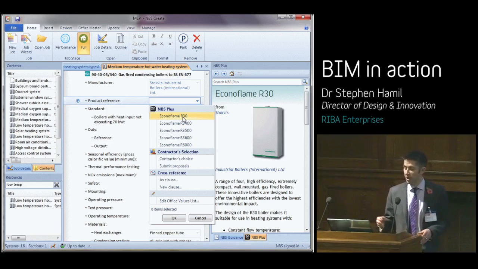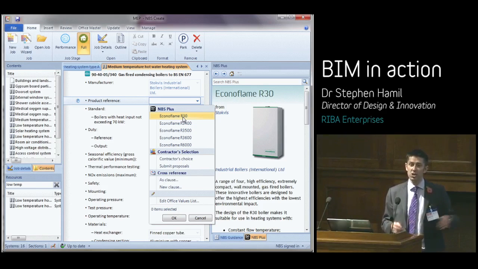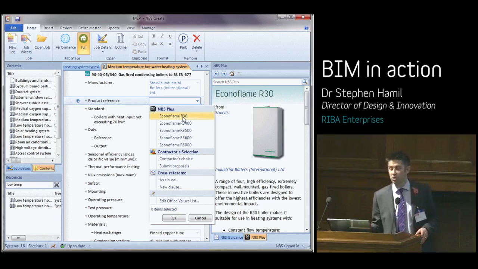So I could specify a particular boiler through its heat output, it needs a flue on the top, it's got to have certain seasonal efficiency. And then at some stage, somebody, whether that's contractor, subcontractor, or even right at the start, the client, somebody will pick a manufacturer's product. And here you can see the Econoflame R30 Stokefish boiler is getting added to the specification.